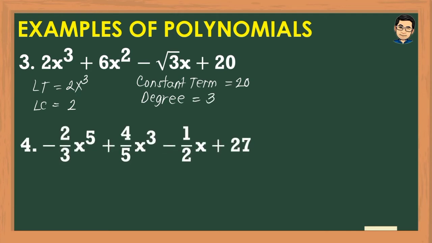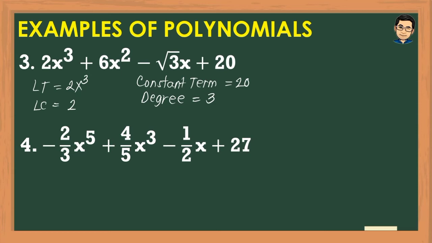For number 4, as you can see, the numerical coefficients of some terms here are fractions. There is no problem if the numerical coefficients are fractions, as long as the powers or exponents are positive. Negative as well as fractional exponents are not allowed.